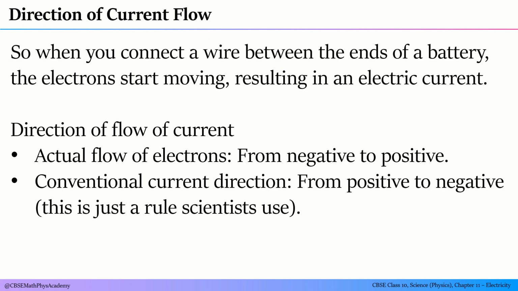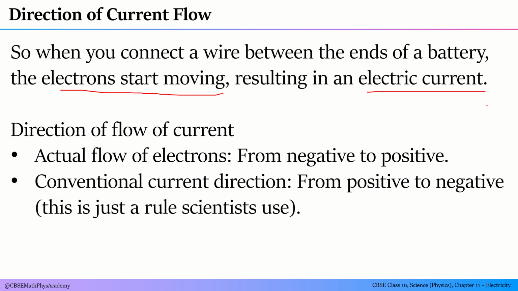Now we are coming to the closure, the direction of the current flow. As I told you, when we connect a wire between the ends of the battery, the electrons start moving, resulting in electric current. Without the battery, the free electrons cannot do anything, they stay in the orbit. Only when you connect the battery, the electrons start moving, resulting in electric current. There are two directions of flow.